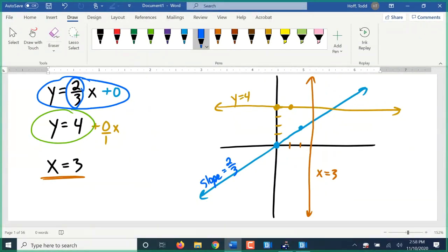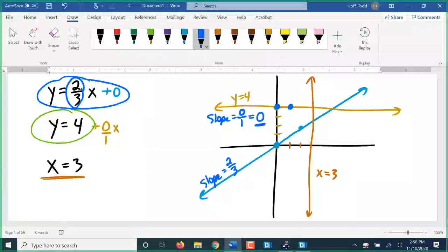For y equals 4, we had those 2 points. We rose 0 and we ran 1. That was a slope of 0 over 1, which reduces to just 0. So that flat line has 0 slope, or a slope of 0.